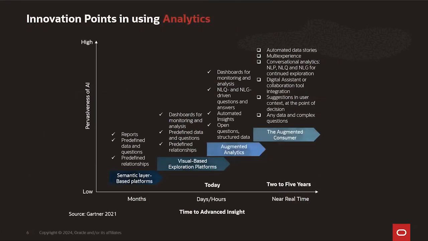So the idea is, and this is from Gartner in 2021, right? So this is not a few years ago. It used to be that we would take a lot of time to create these reports, and they'd be layered, and they'd be predefined data, predefined relationships, and you'd change the data at one end, and it would filter its way through and change the result, right?